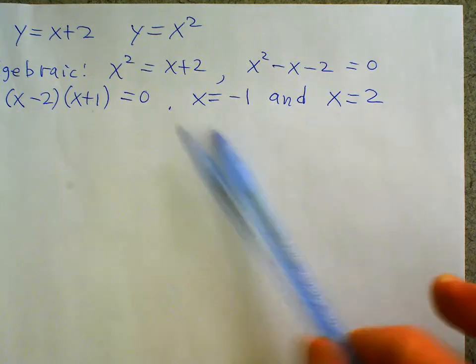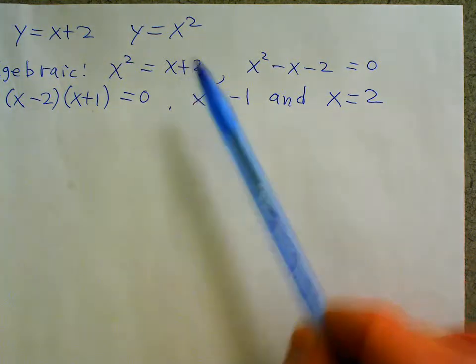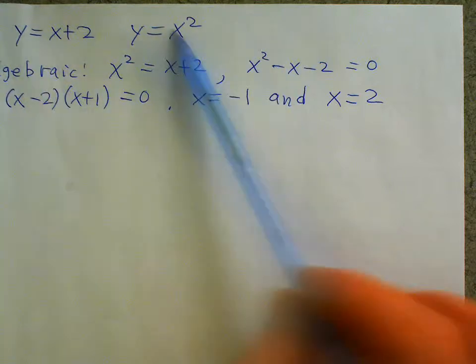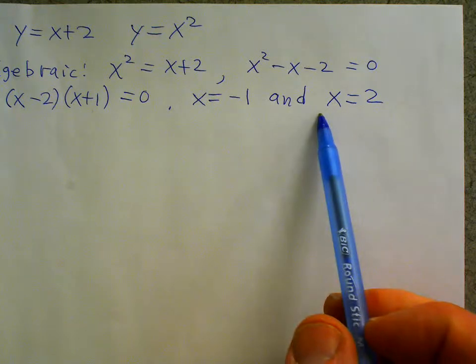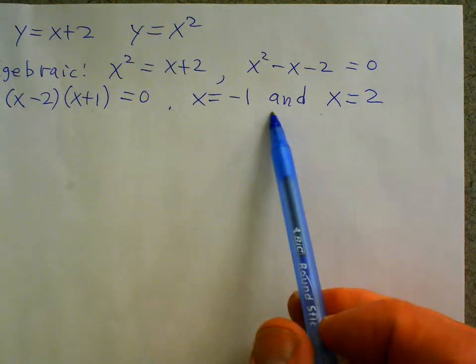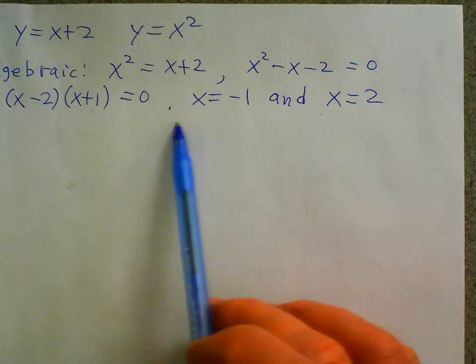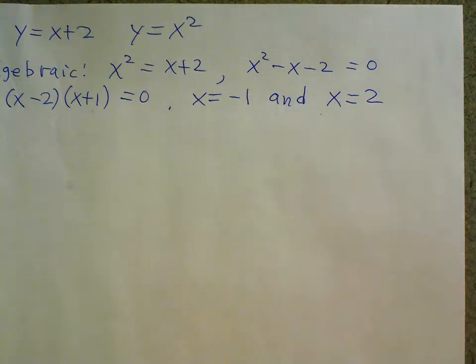So there's a region enclosed by the graphs of those two functions on the interval from x equals -1 to x equals 2. So the next question is, which one is above the other on that interval from x equals -1 to x equals 2?